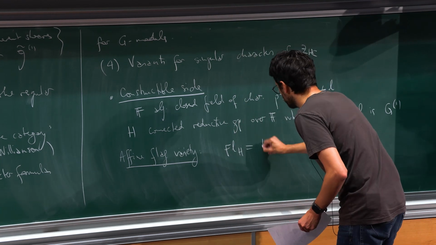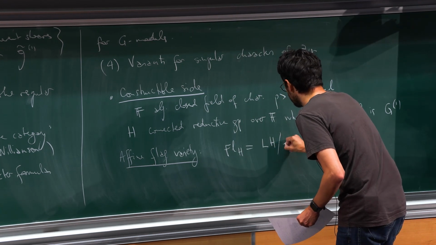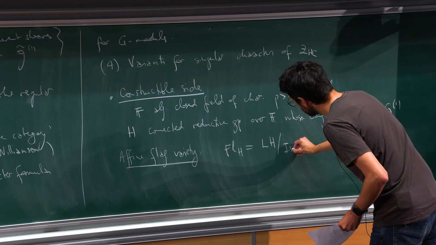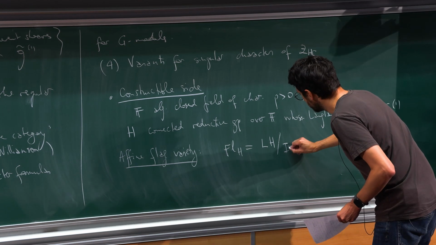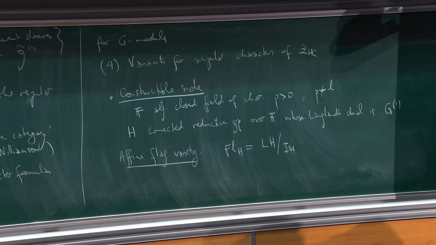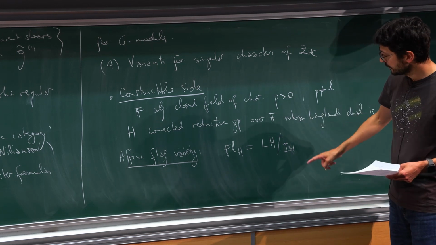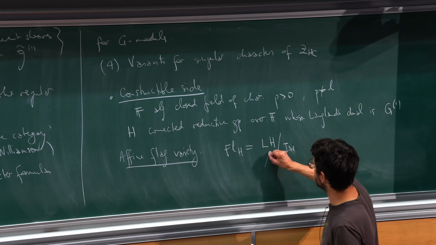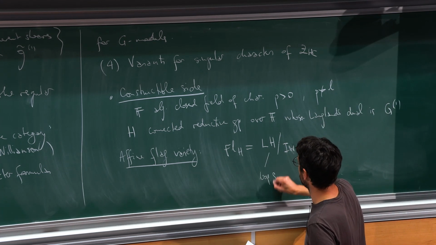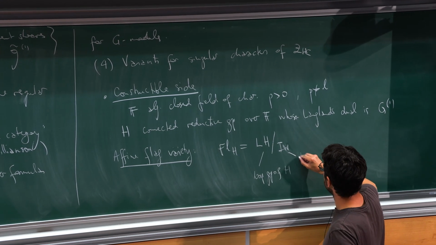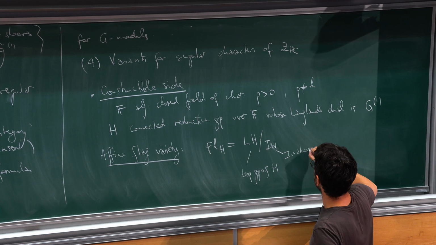So I will not recall all the details of the construction. This is something rather standard. LH is just my notation for the loop group associated with H, and I_w is an Iwahori subgroup.